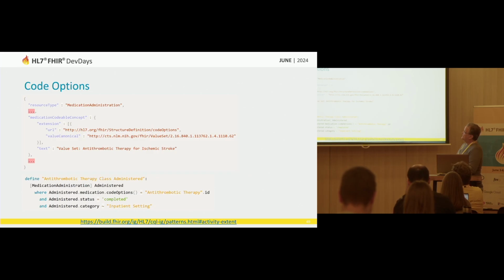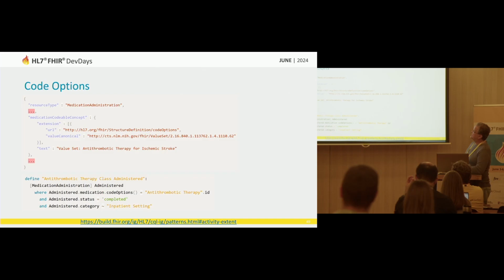So I can actually access that in the CQL by saying antithrombotic therapy class administered. I can say administered.medication.code options. This is a Fluent function that actually digs into the extension and looks for the one that has that URL and returns the value canonical, right? And then I can say that that code options equals that antithrombotic therapy ID value set.